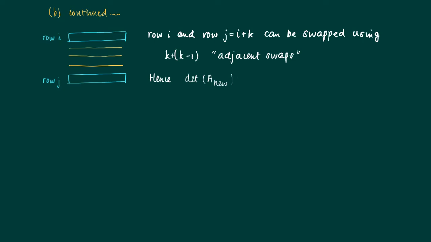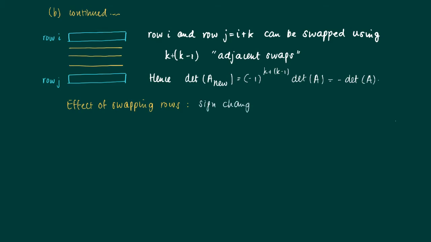So we need k plus k minus 1 adjacent swaps. At each such swap we get a minus sign, so in total in the new matrix we get minus 1 to the power k plus k minus 1 times the determinant of A, and k plus k minus 1 is an odd number. So we get a sign change of the determinant by swapping two arbitrary rows. So the effect of swapping rows is a sign change.